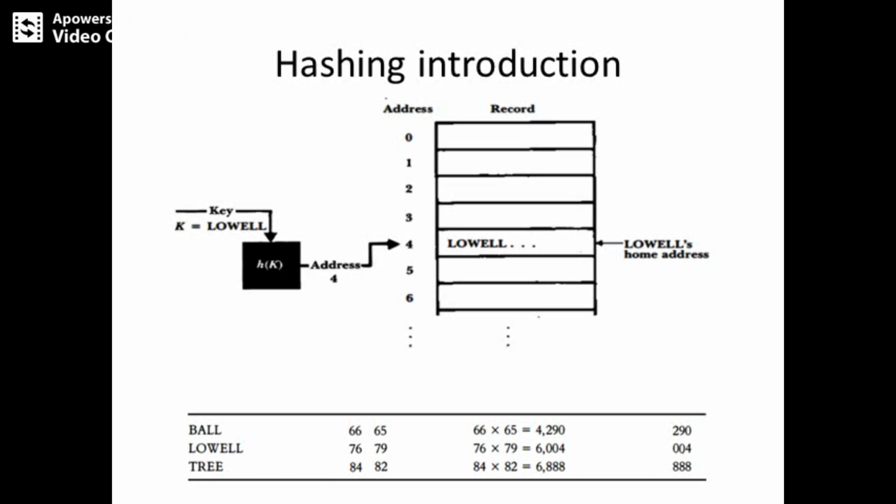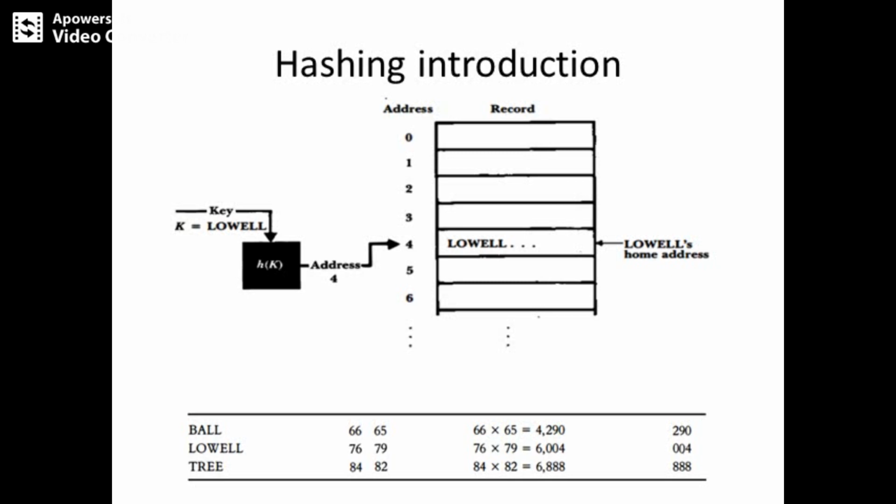So what I am going to do is multiply 66 and 65, and I get a number, and its last three digits I am going to consider as the home address. So my algorithm is: select the key, select the first two characters of the key, take their ASCII values and multiply both values.